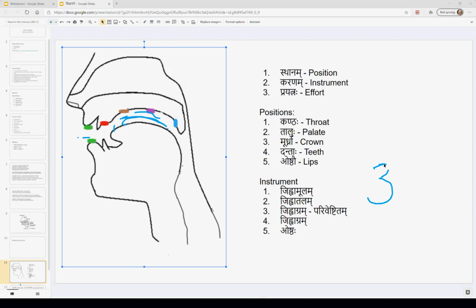What is the position of the throat muscles? They are still like E. And what is the position of the tongue? Position of the tongue for U is also neutral. Now, these are the pure swaras or pure vowels that we studied last time.